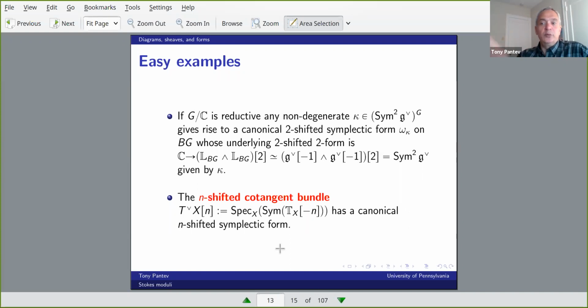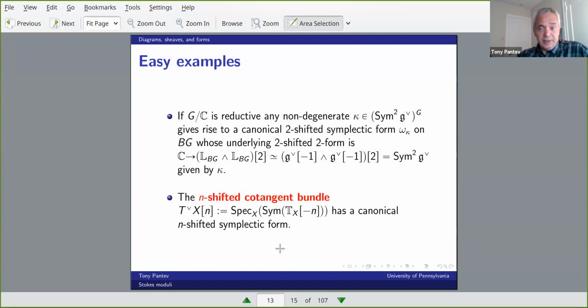And if you want it to be on the stack, they have to be G invariant. So Killing forms are symplectic forms on classifying stacks. They're closed; the closing data here is actually contractible, so there is no extra piece of information.